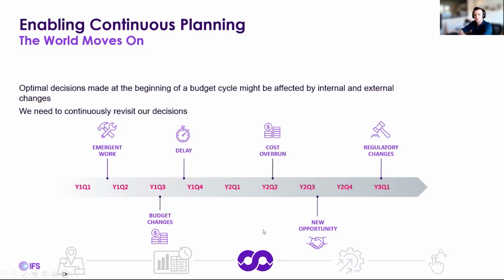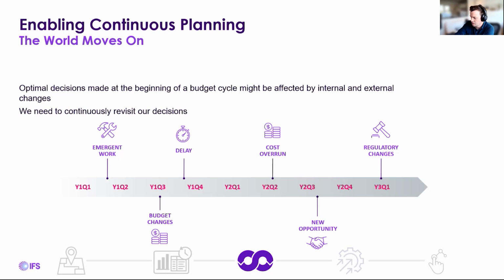So we recognize the world moves on, and the challenge about continuous planning and the need to do a continuous planning approach is that we make optimal decisions. We come up with optimized investment plans, but as time moves, we need to revisit those decisions. We have new emergent work. It could be reactive due to weather events, operational events, delays to programs.